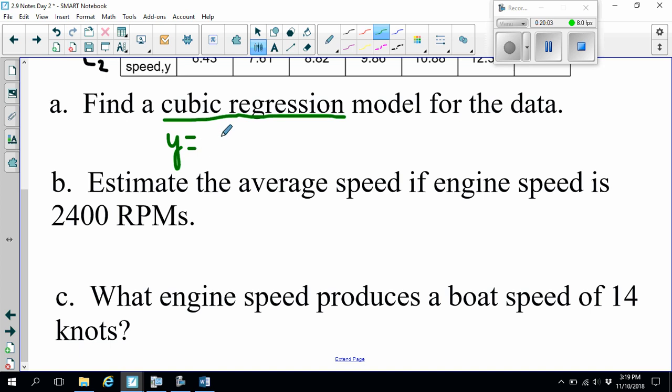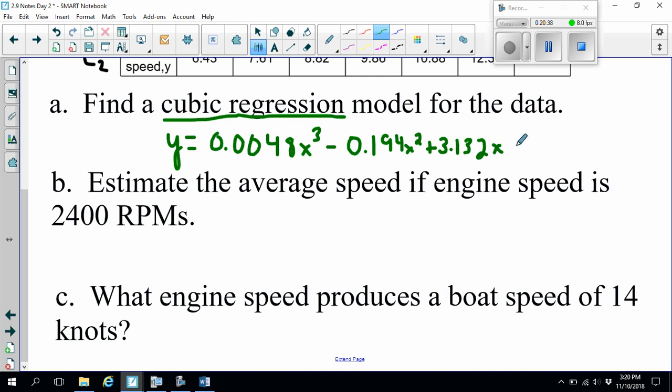We get y equals 0.0048x cubed minus 0.194x squared plus 3.132x, and then minus 9.530.